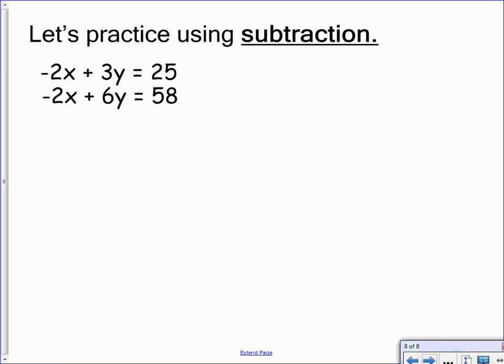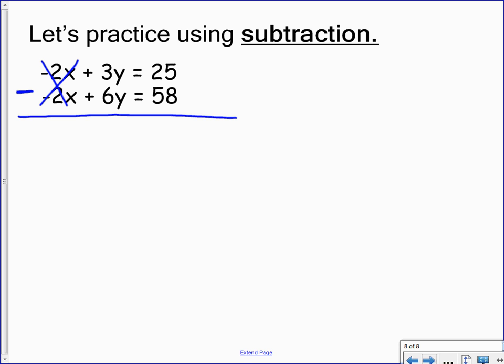Negative 2x plus 3y equals 25, and negative 2x plus 6y equals 58. So coefficients are the same, so we're going to subtract. They're the same, these are going to cancel.